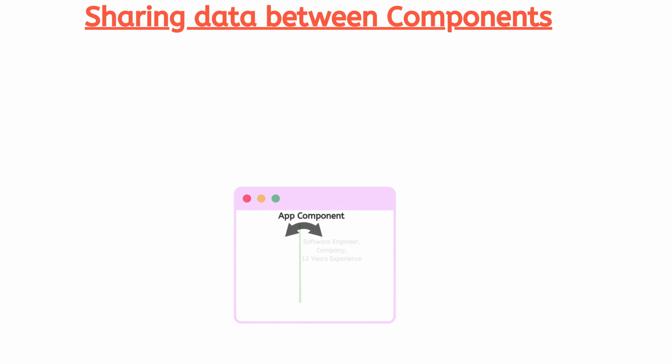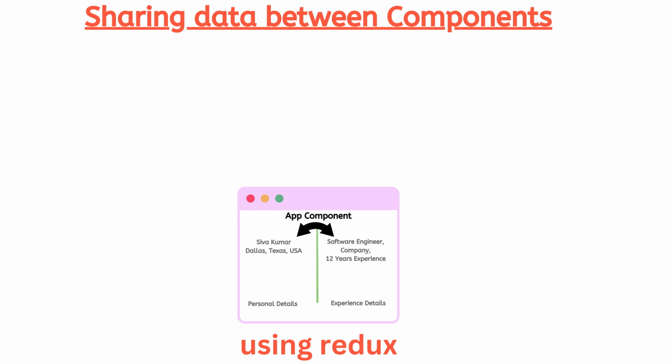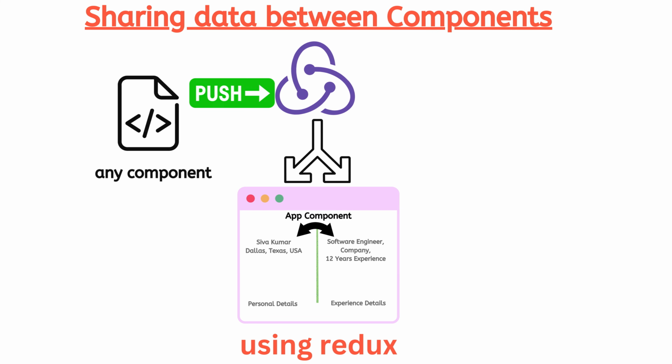So the third and most important way to share the data in React.js is using Redux. This is the feature to maintain the state management also in React.js. Like I said, React is a library, it is not a complete framework. So to maintain the state, we have to use one more library called Redux.